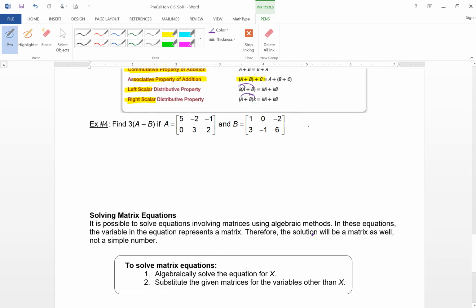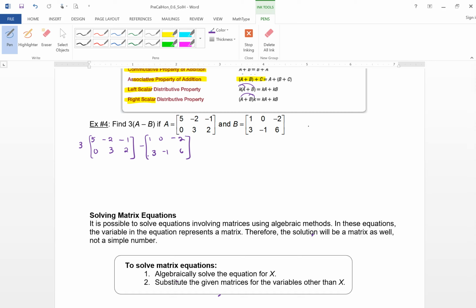Okay. So here we're going to do 3 times A minus B. So you have A, 5, negative 2, negative 1, 0, 3, 2. And this is pretty much our order of operations. Minus B, 1, 0, negative 2, 3, negative 1, 6. Now after you subtract these matrices, you multiply by the 3.